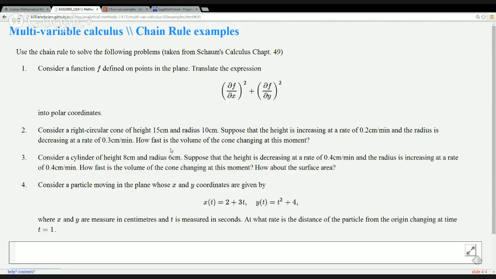So we need to evaluate this at t equals 1. At t equals 1, we have x is 5 and y is 5.